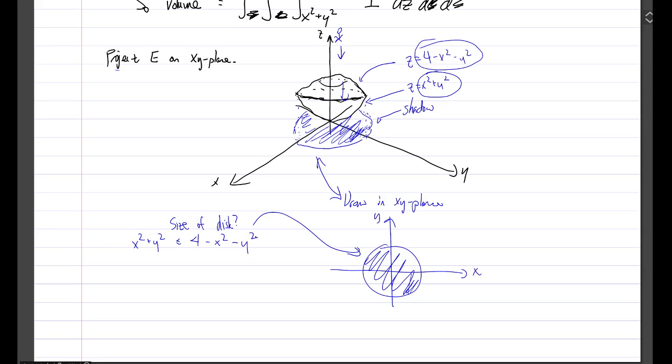If we add x squared and y squared to both sides, 2x squared plus 2y squared is less than or equal to 4. Divide both sides by 2: x squared plus y squared less than or equal to 2. So the radius of this disk is root 2, isn't it?